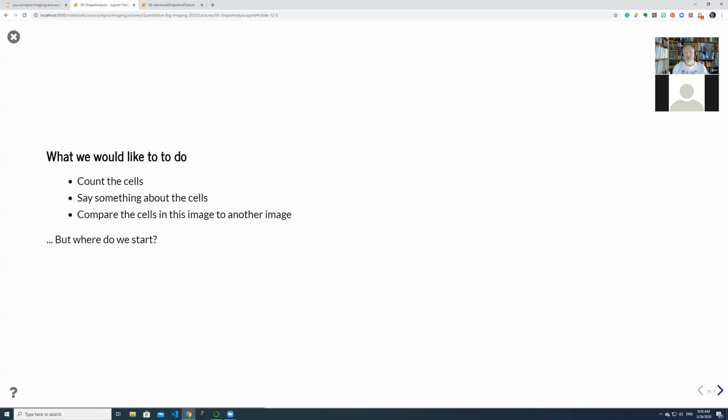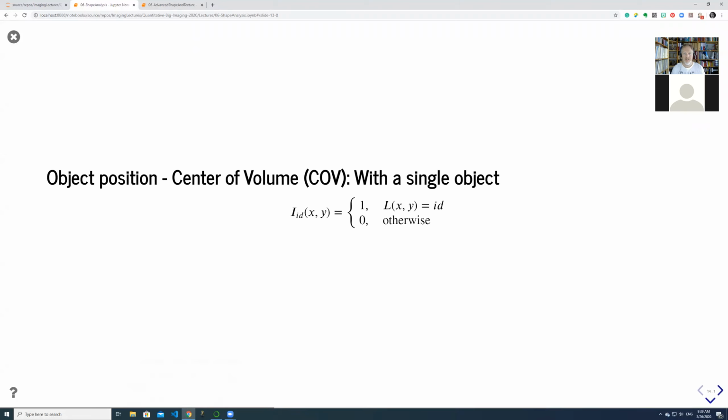But we are probably more interested in looking into how a cell is composed, what the geometry is, etc. What is the intensity variation within it. And also we may want to compare different cells within the image. So now the question is where we start. And one thing is looking at the position. For that we have a center of volume for a single object.